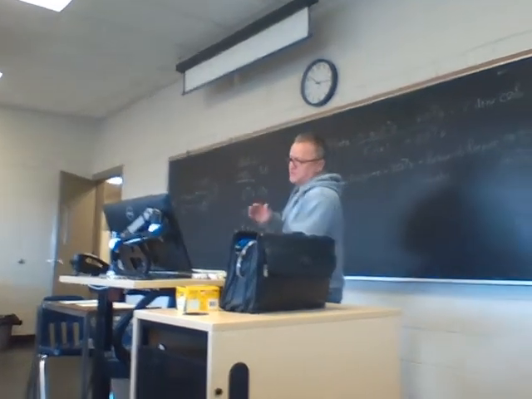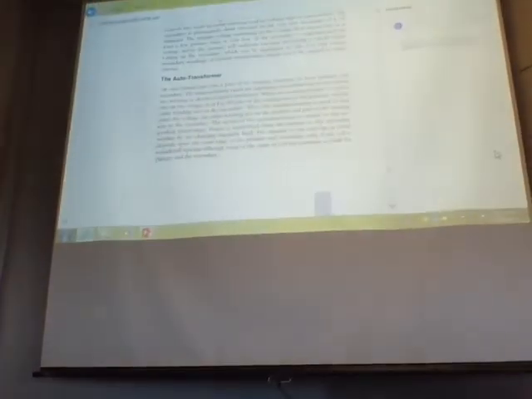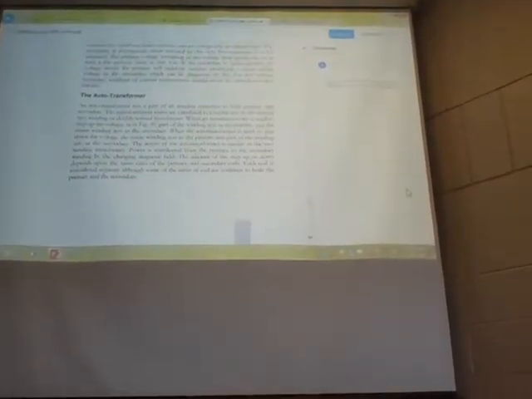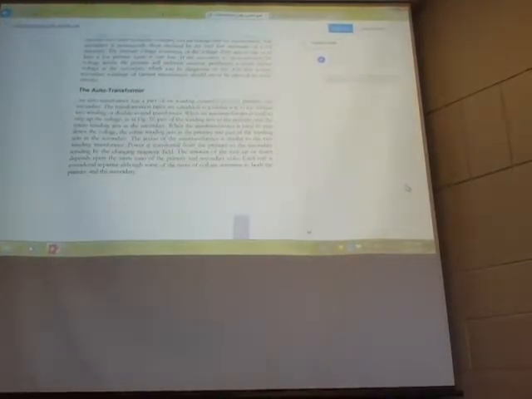Okay, now it's auto transformers. An auto transformer has a part of its winding common to both primary and secondary. With the isolation transformer, they were physically, electrically not connected. But with the auto transformer, the transformation ratios are calculated in a similar way to the normal 2-winding transformer.